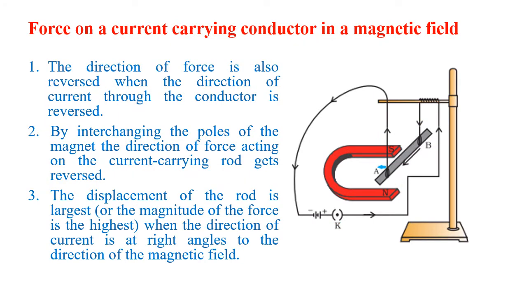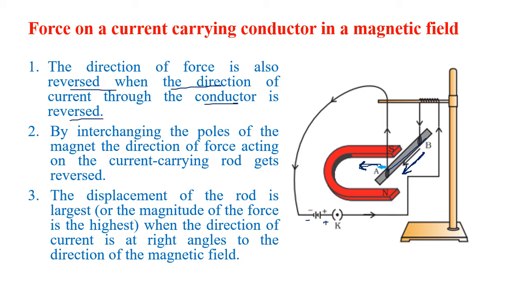So in the same experiment, the observations are that suppose we pass the current, this is positive, this is negative. So current is going like this, positive to negative, in one direction, and suppose the wire moved inside the magnet. If you reverse the direction of the current, then the movement of the conductor is reversed.